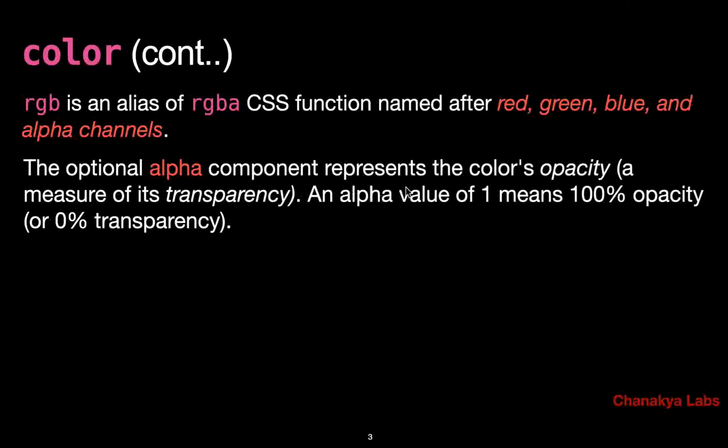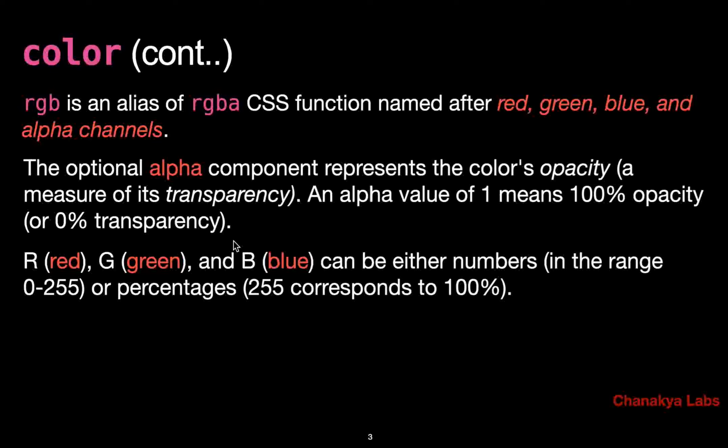Now this alpha channel represents the color's opacity, which I just said is the opposite of transparency. If the alpha value is 1, it means it is 100% opaque, which means it is 0% transparent. If the alpha value is 0 or 0%, it means it is 0% opaque, which means 100% transparent.